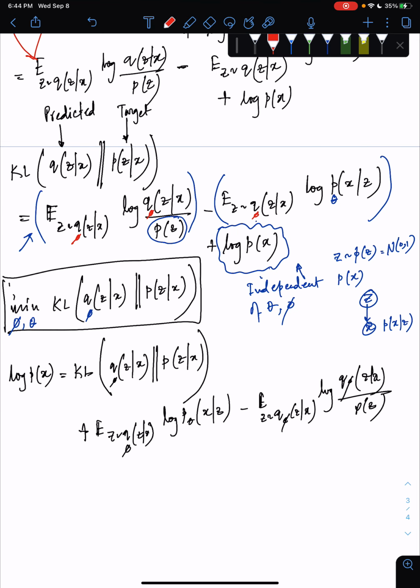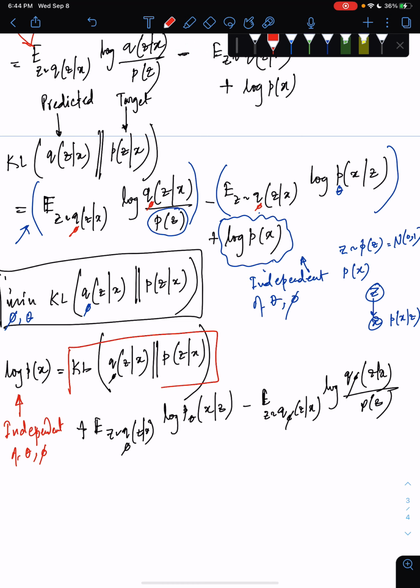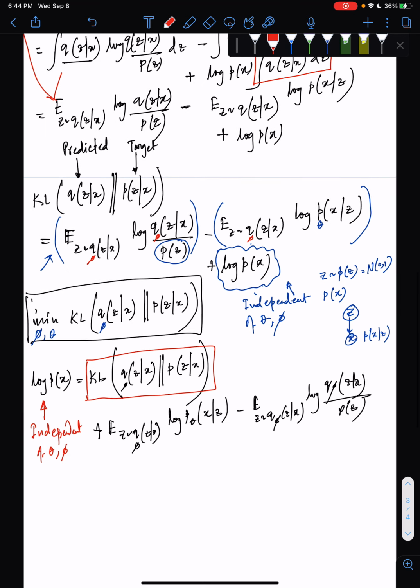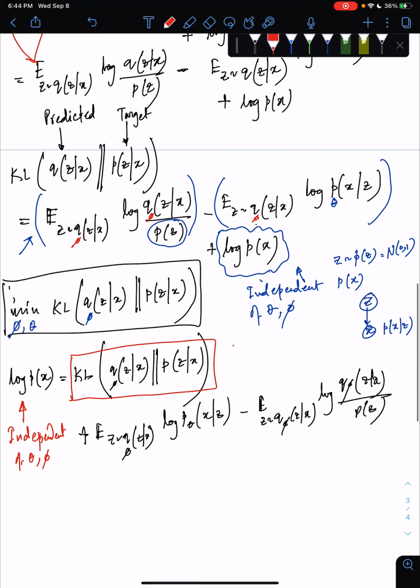Now this is independent of theta and phi, and our job is to minimize the KL divergence. My left hand side is independent of the parameters, and we are minimizing this KL divergence.